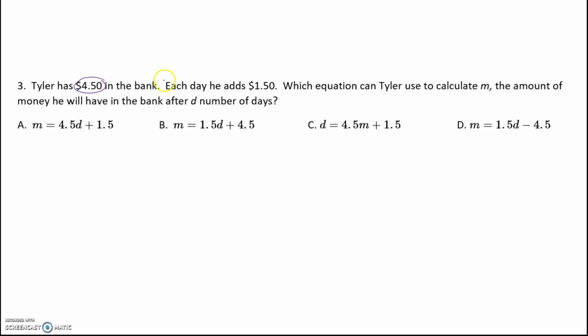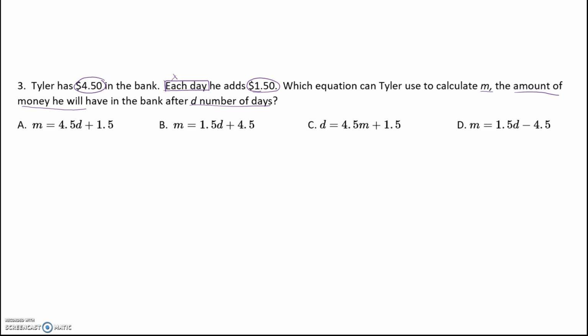And it says each day. Each means what operation? Multiply. He adds, so he's putting in $1.50. We want the equation for M, the amount of money he will have in his bank after D number of days.